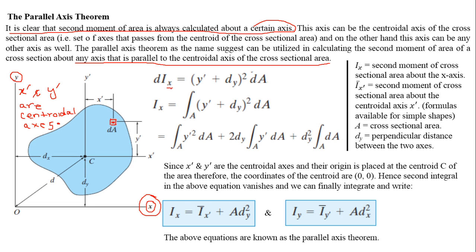So similarly here we are trying to calculate the second moment of area about the x-axis of this differentially small element dA. So this will be dIx equals the moment arm measured from the x-axis to this differential area. That is dy, so this distance is dy, as you can notice.